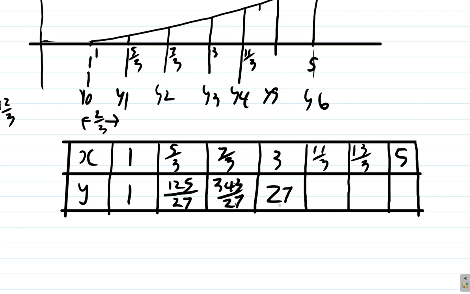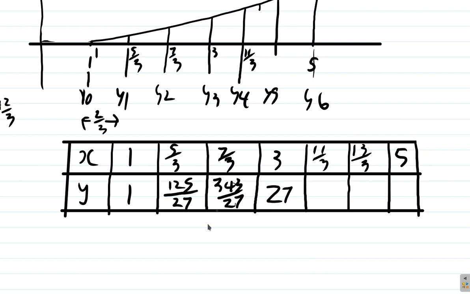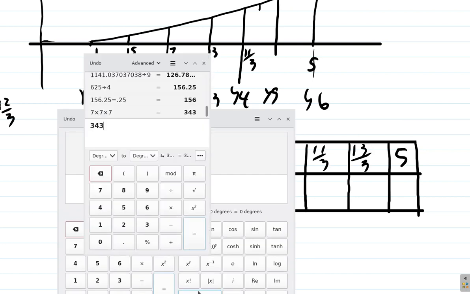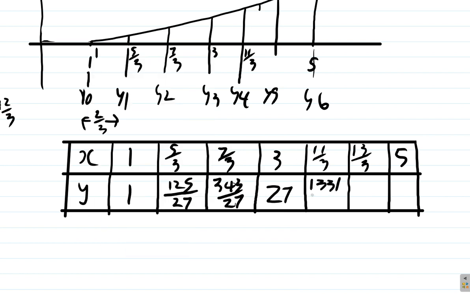What about 11 cubed? If we have 11 cubed, that is 11 by 11 by 11, equal to 1331 over 3 cubed, which is 27.